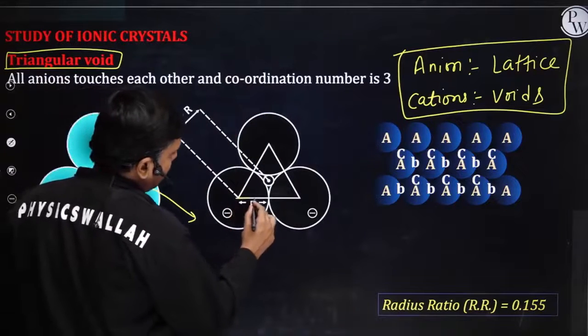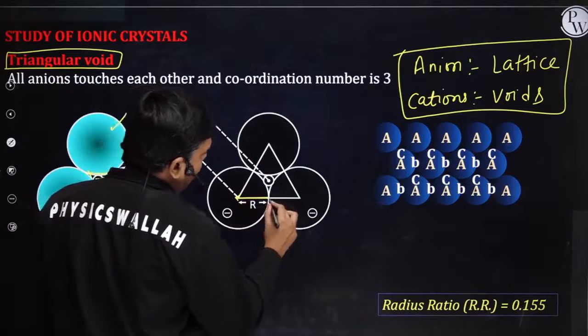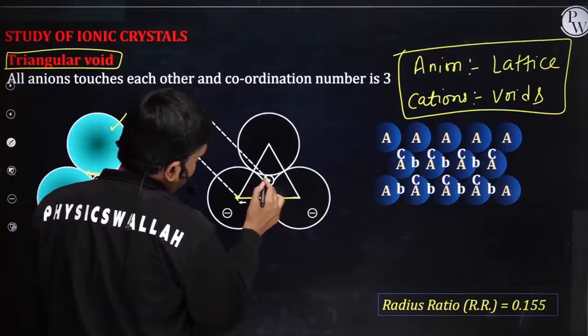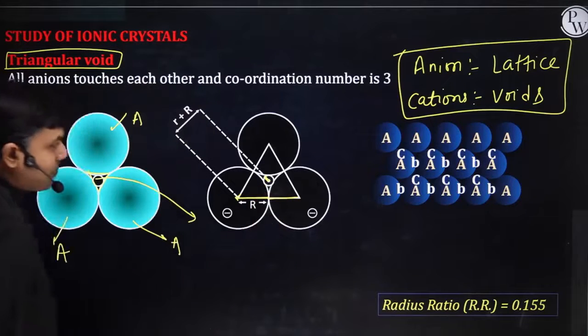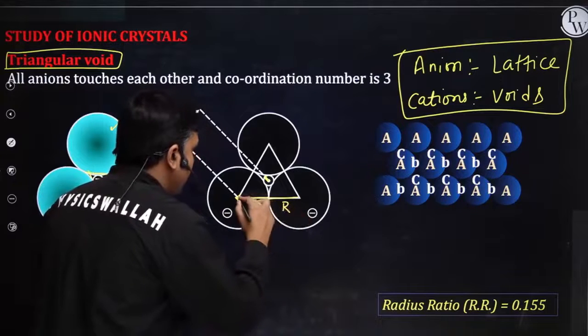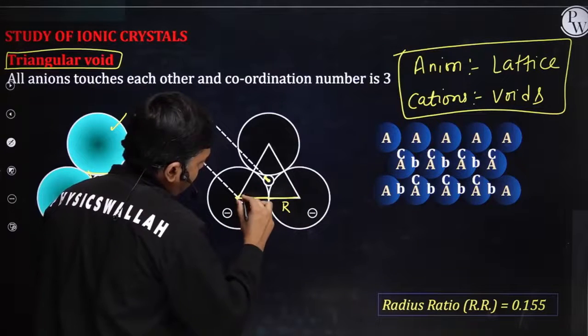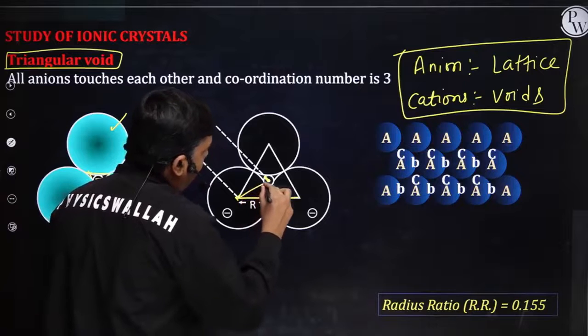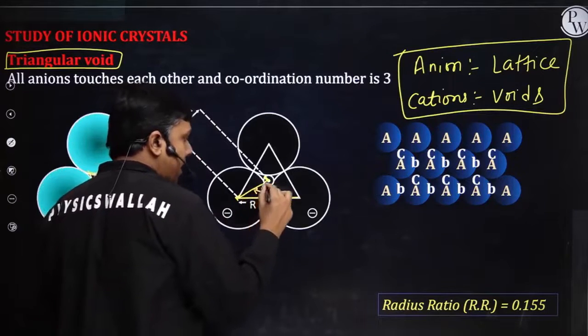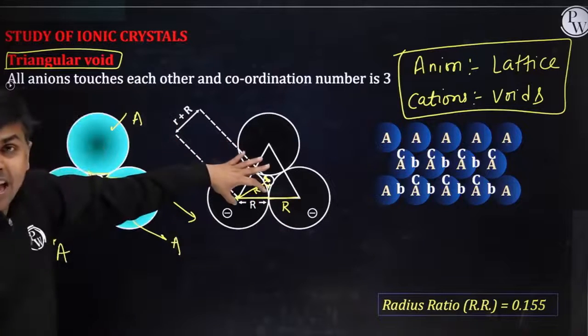Okay, the structure is like this. Anion, let's suppose it has a radius R, and the cation has a radius small r, right student? From here to here it's R, and from here to here it's small r. So R plus r is this particular length. Am I clear?